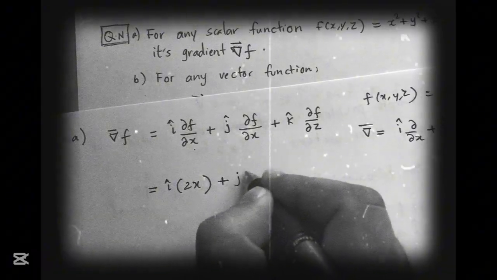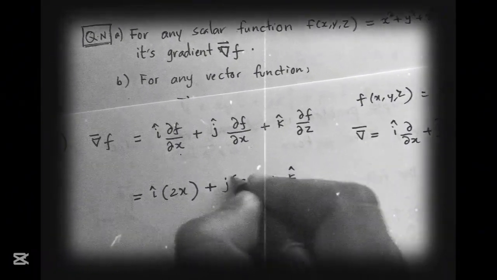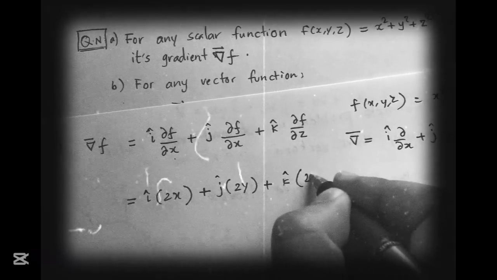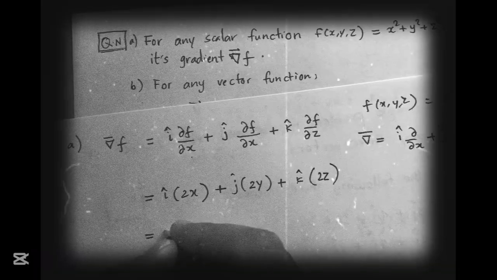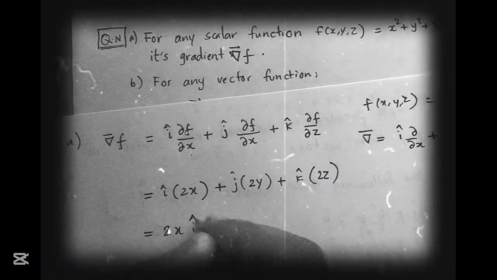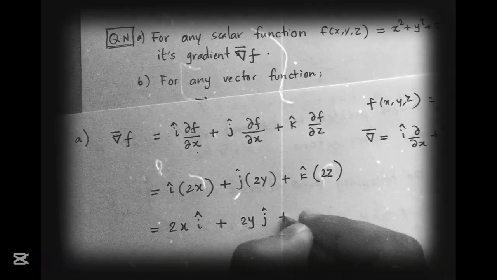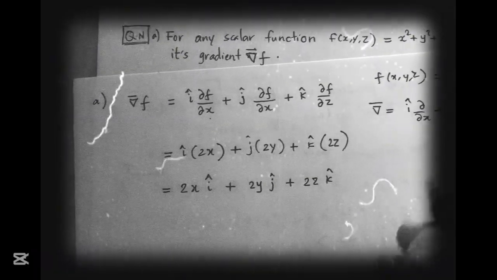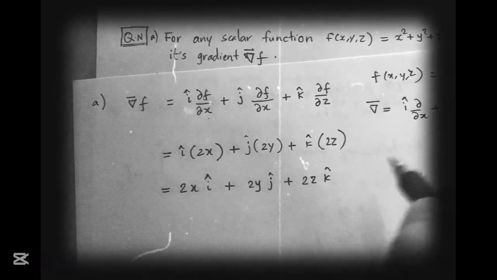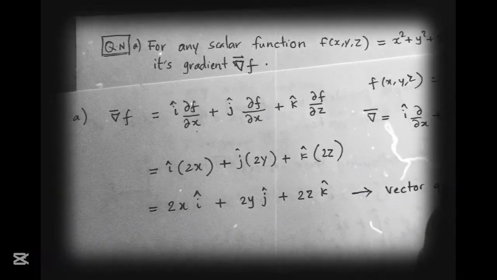Similarly for y, and finally I'll get twice z. So this will finally be twice x i hat plus twice y j hat plus twice z k hat. And you can see the gradient of any scalar function will give me a vector quantity.